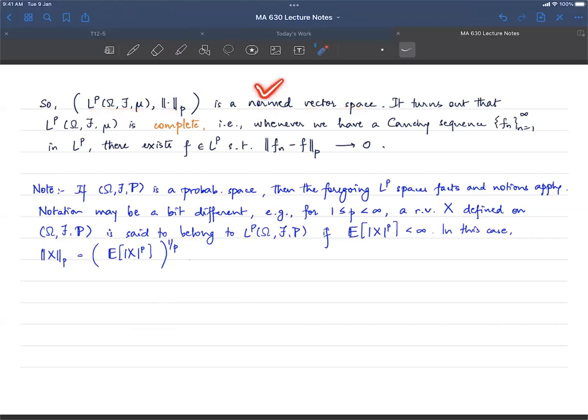Okay, we did that. It turns out that this space is complete. So what does that mean? Complete means every Cauchy sequence converges, i.e. whenever we have a Cauchy sequence f_n, n going from 1 to infinity in L^p, one can find an f in L^p such that the norm of f_n minus f in L^p goes to 0. In other words, f_n converges to f in L^p. Okay. All right, any questions so far?